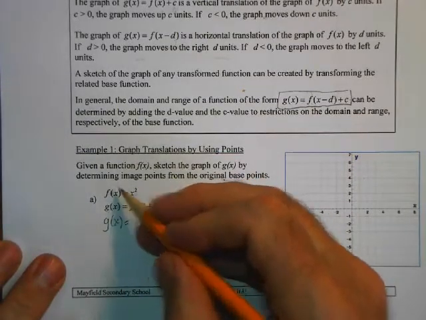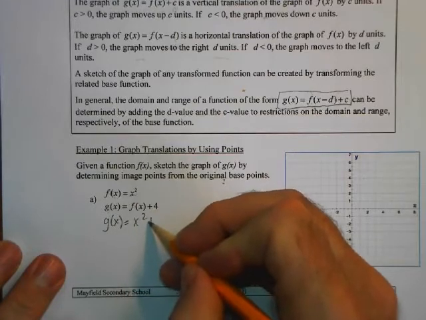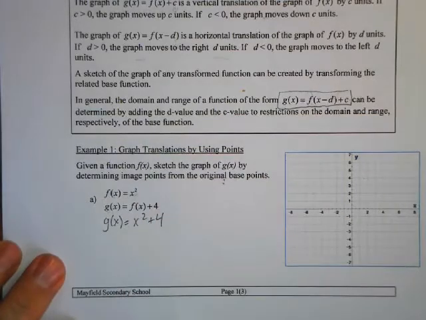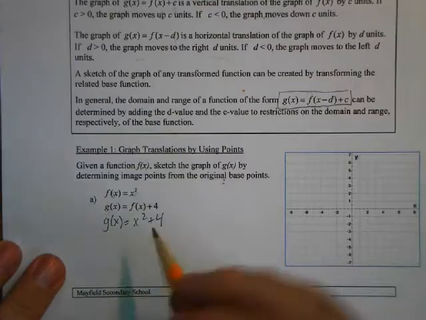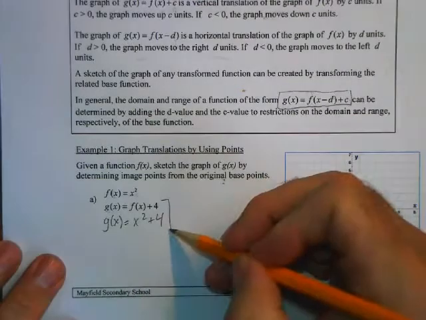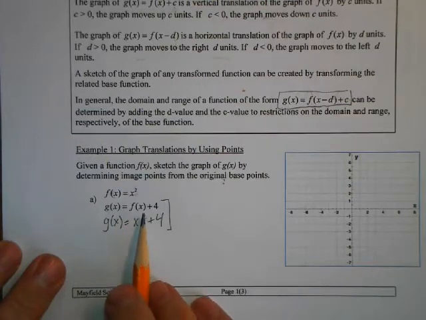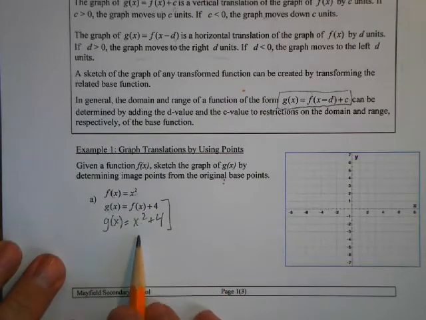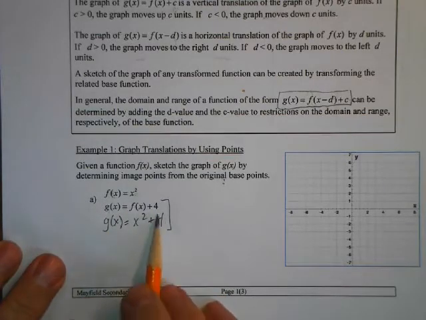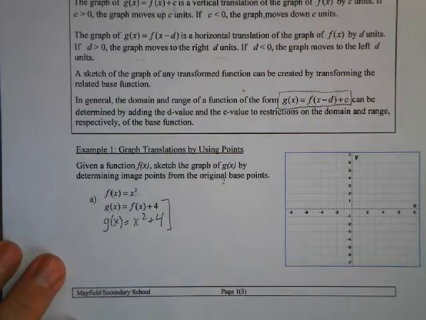So f of x is x squared, so it's just g of x equals x squared plus 4. So these two mean exactly the same thing. It's just written in a slightly different way. This version up here basically relates it back to the base function. What are we doing to the base function? And this is just the complete function without a reference back to the base function f of x.